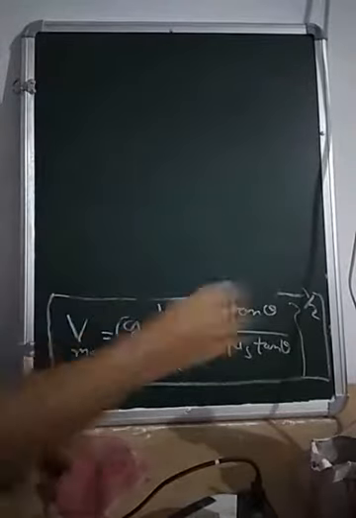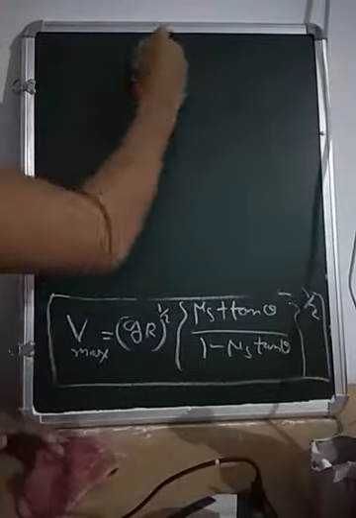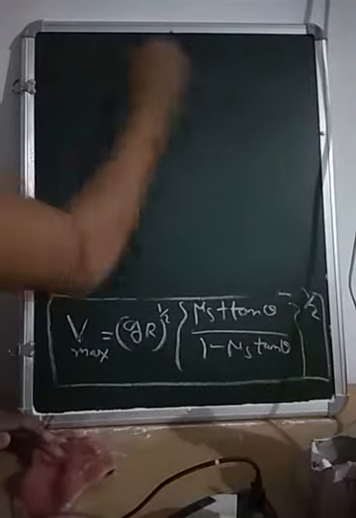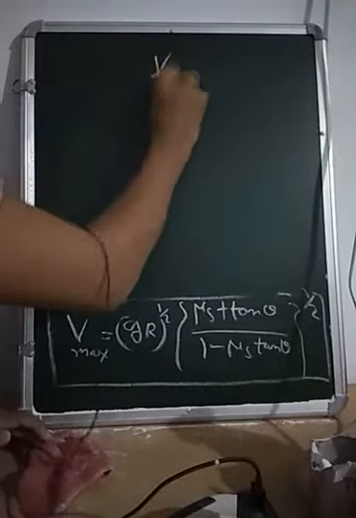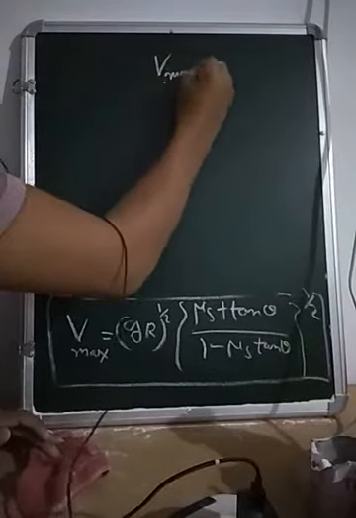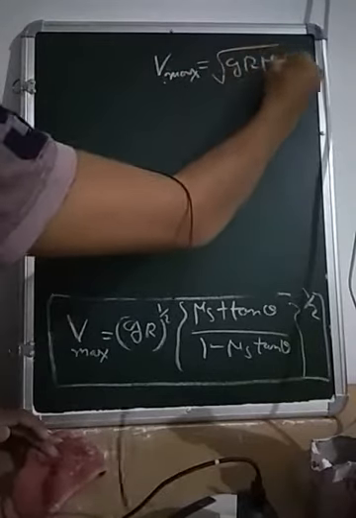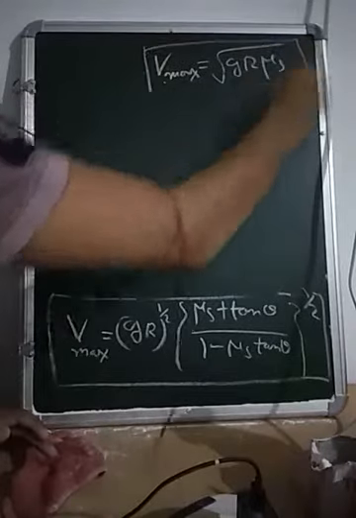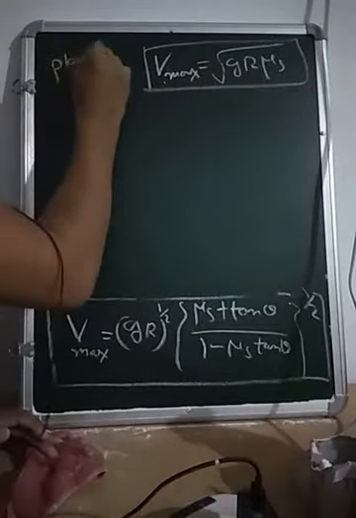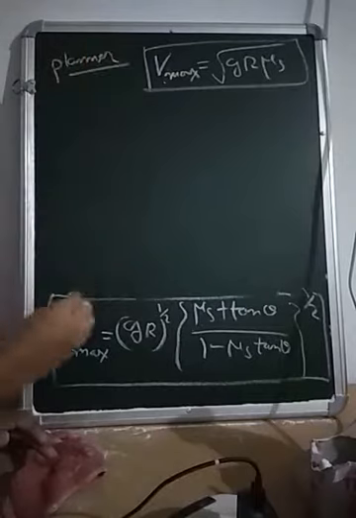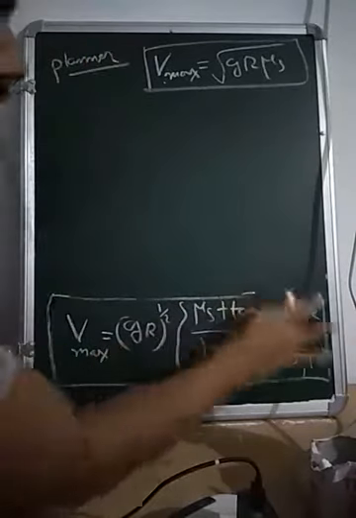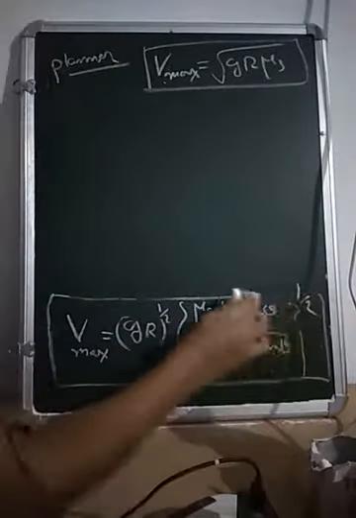So I am keeping the final expression. In the earlier case, case 1, in case of a plane road, Vmax is root over gr mu_s. Okay, that is for a planar road, and this is for a banked road.